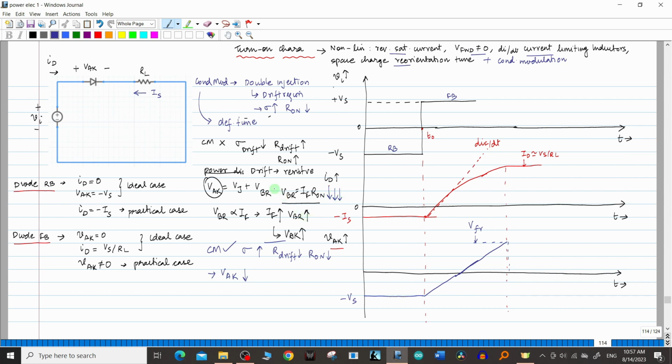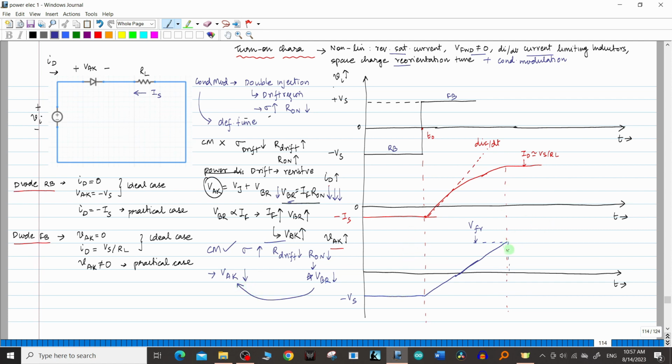VBR would decrease, and therefore VAK also would decrease. Okay, I'll write that here. R on is decreasing, therefore VBR would decrease, and once VBR decreases, VAK also decreases.